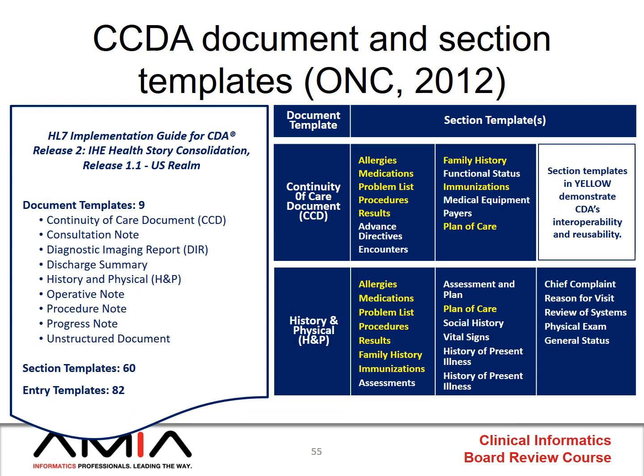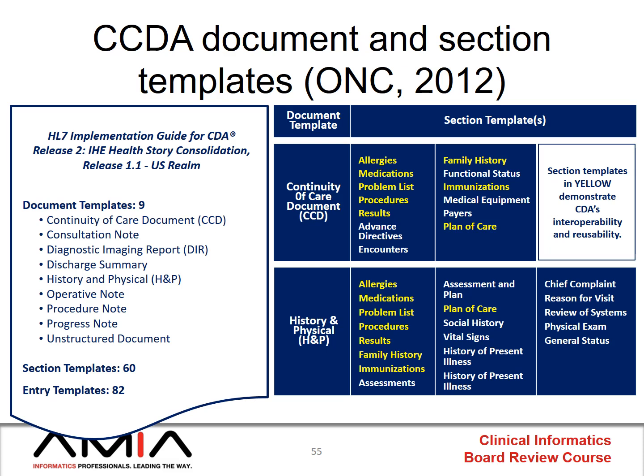Consolidated CDA was part of stage 2 of meaningful use, and the implementation guide for consolidated CDA defined 9 document templates. There are obviously more types of documents in healthcare, but these 9 were deemed to be the most important.